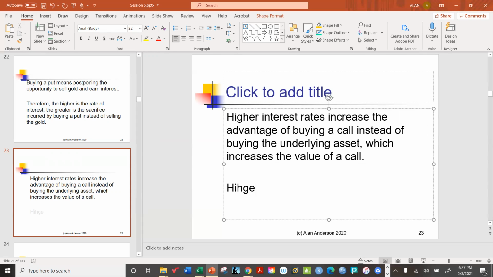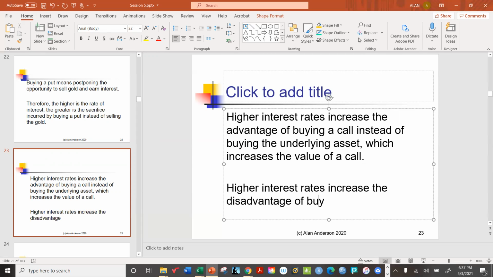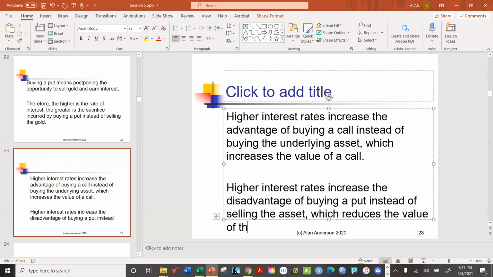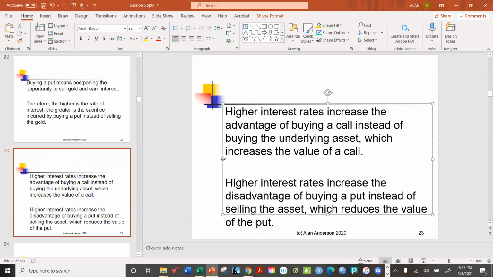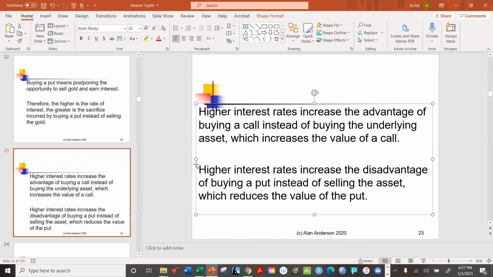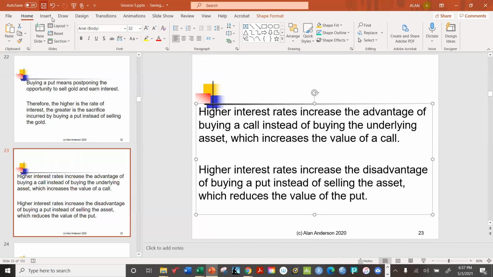Higher interest rates increase the disadvantage of buying a put instead of selling the asset, which reduces the value of the put. I hope that analogy works, because now you can see why higher rates are helpful to a call, but harmful to a put.